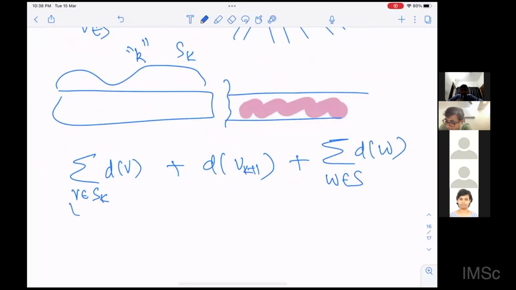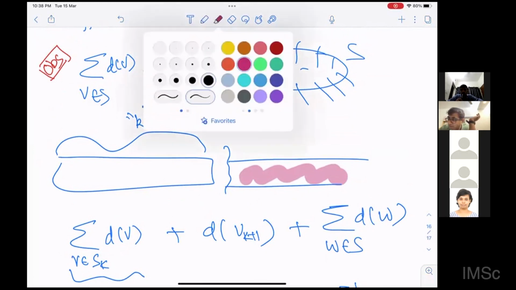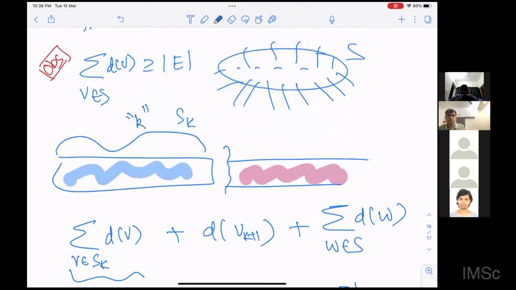What is the first sum? Okay, the last sum is at least how much? Do you agree? If you sum the degrees of these K guys in the red, and look, every vertex in blue has a larger degree than a vertex in red.